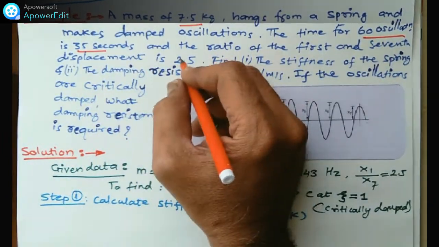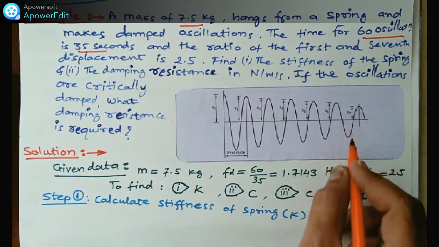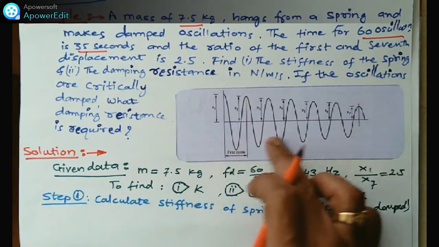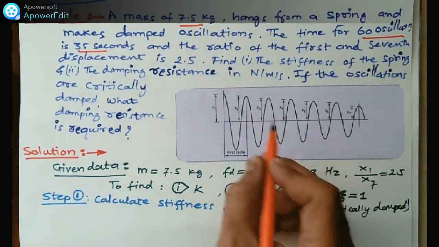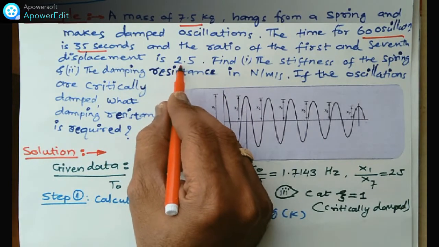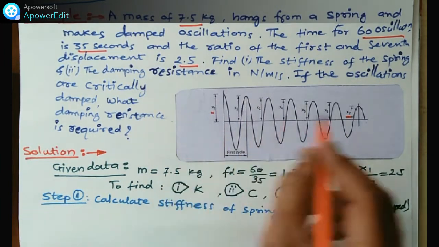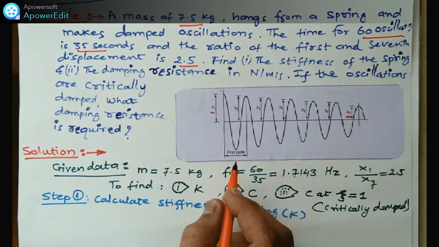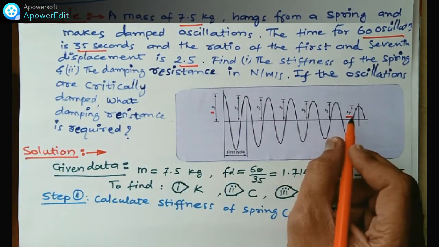We have already studied that in damped vibration, the damping resists the motion and goes on reducing the amplitude with every cycle. So here the ratio is for x1 and x7, the two amplitudes of this wave motion, or the sine wave. The ratio given is 2.5, x1 by x7.